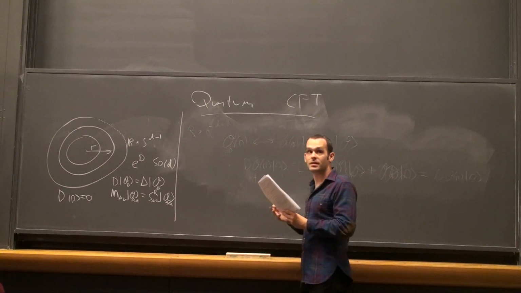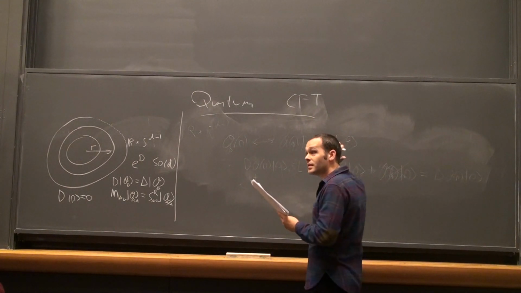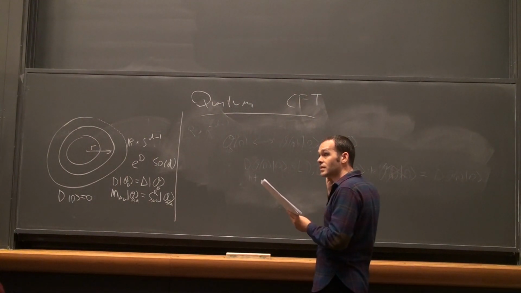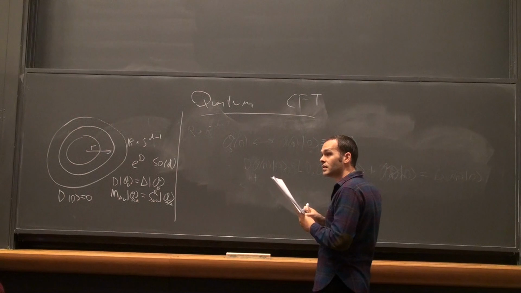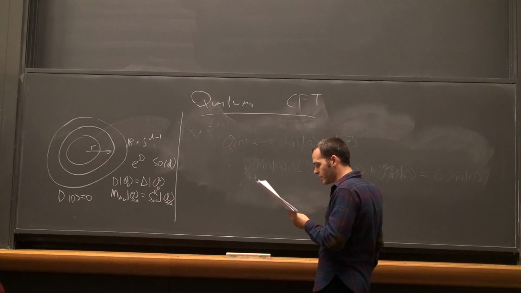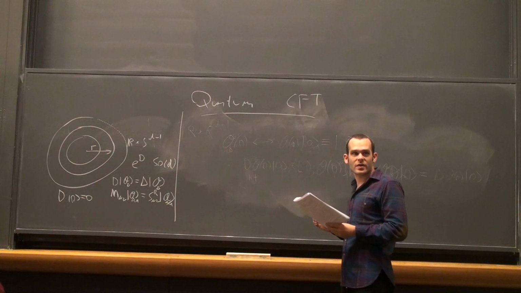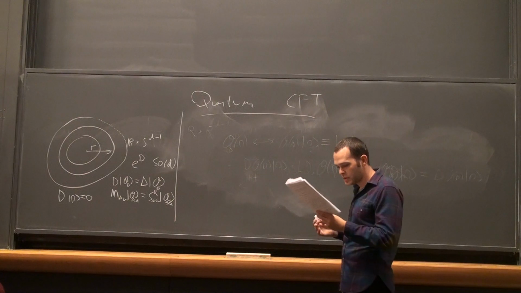That is, if you take O at a point x outside the sphere, that can act on any state on the sphere and produce a new state. That's well defined, and then you can take the limit of that point going to the origin, at the same time shrinking the sphere to zero size. Anyway, okay, thank you for the clarification.